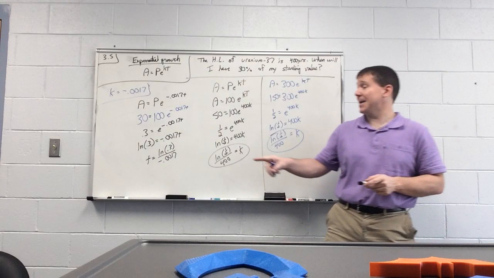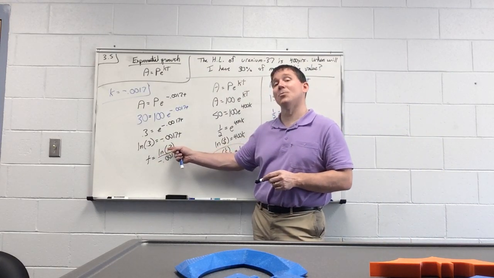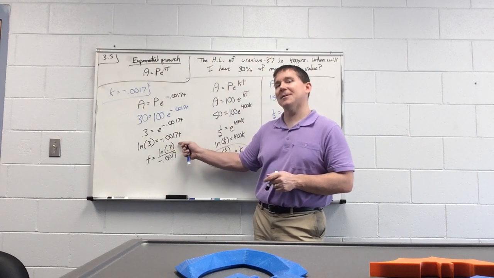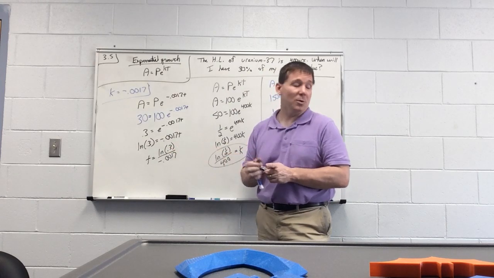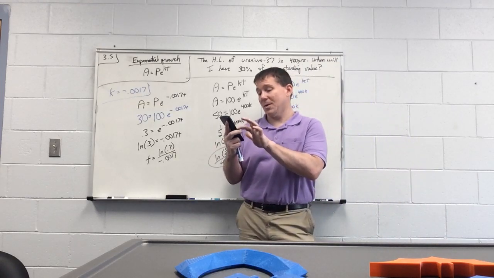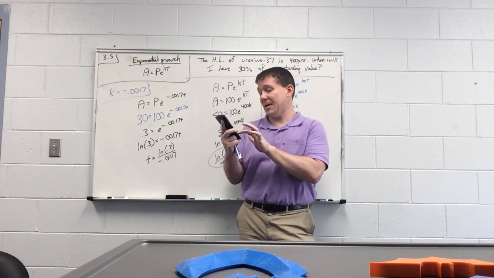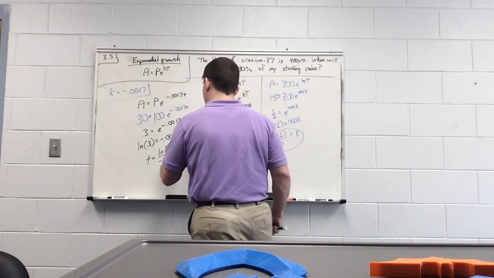And we said last time, yes, this is negative here, but this is the ln of something less than 1, which means it's going to be negative as well. Then I'm going to have a negative divided by a negative, which will be positive, which is what I want. So ln of 0.3 divided by negative 0.0017, and I get 708.2.